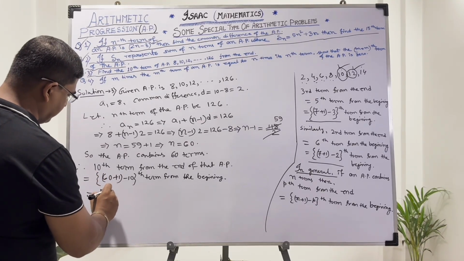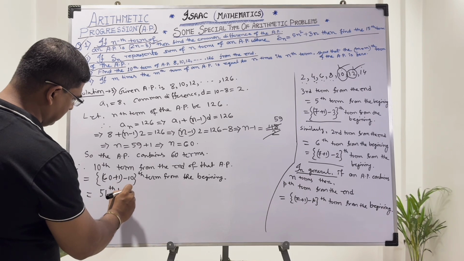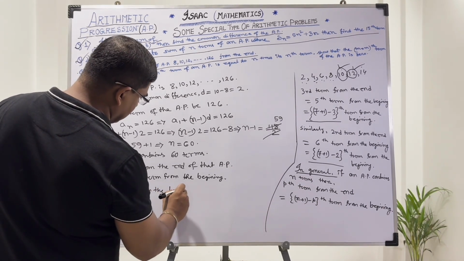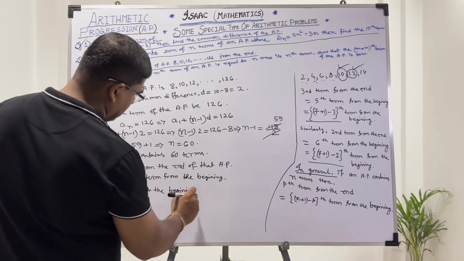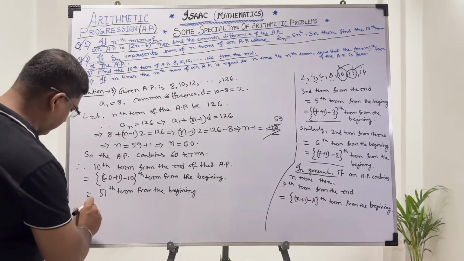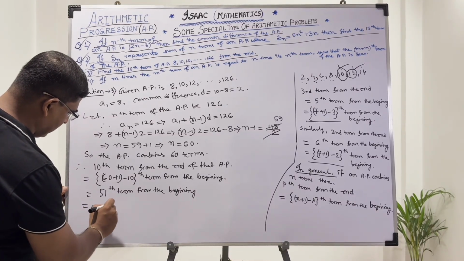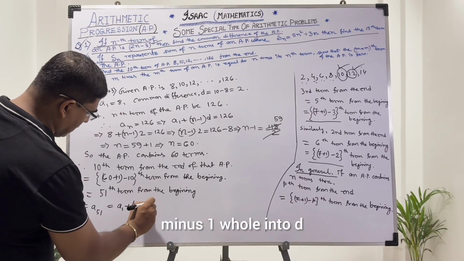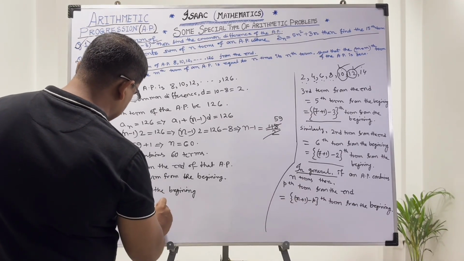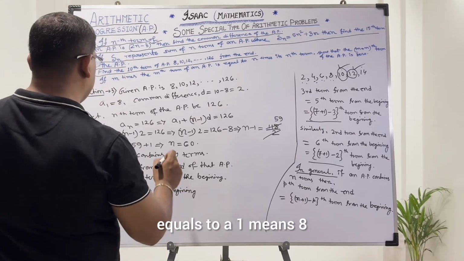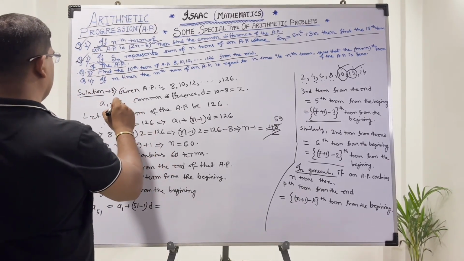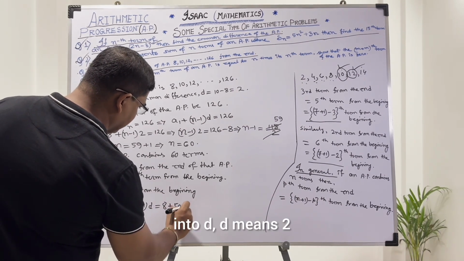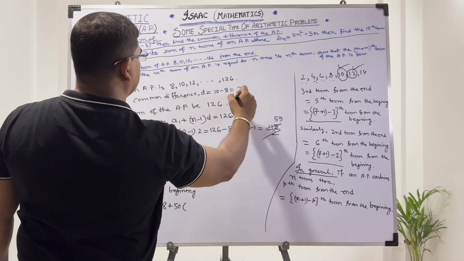That is 51st term from the beginning equals to A51 equals to A1 plus 51 minus 1 whole into D equals to A1 means 8, 8 plus 50 into D. D means 2.